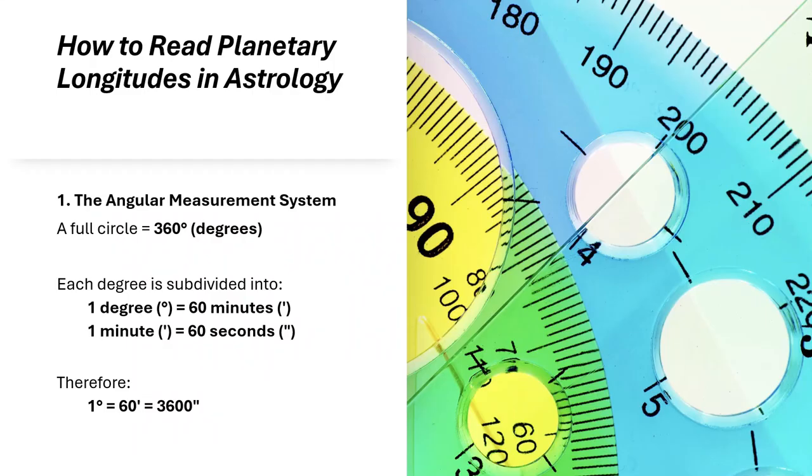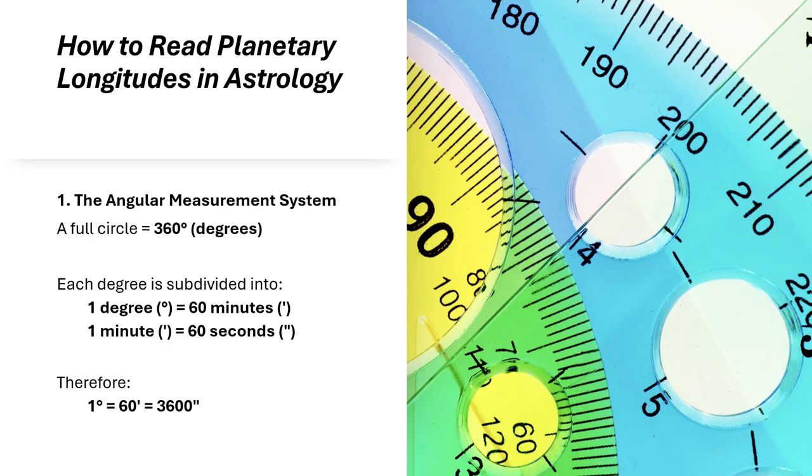And then in last class we also studied about the degree system. How do we write longitudes of planets in degrees? Here in astrology we use degree, minutes, and seconds. It's quite similar to our clock. In our clock we use hour, minute, and second. So here we are using degree, minute, and second.